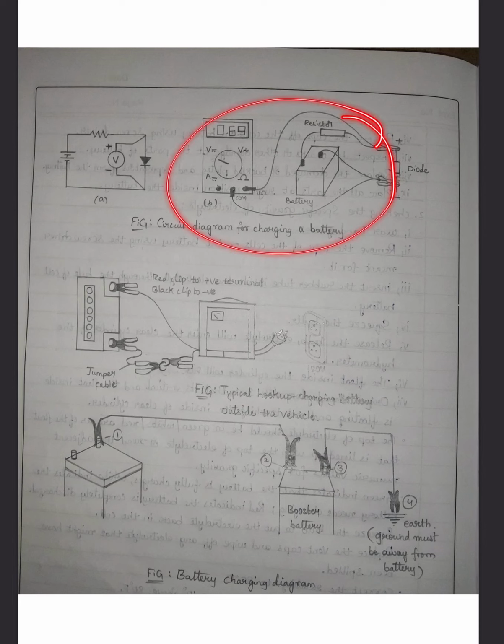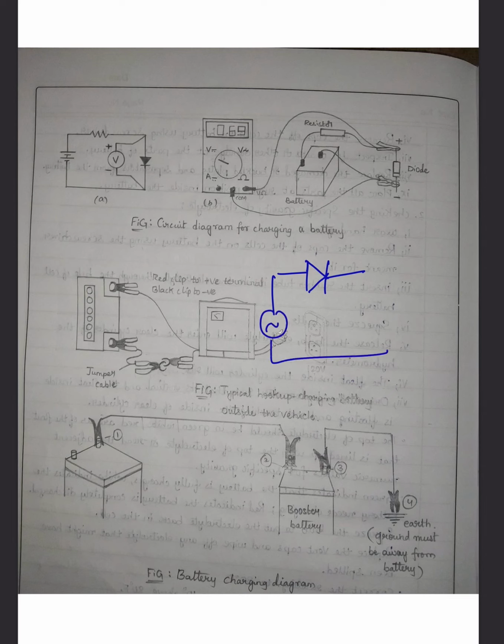This is the simple diagram for the charging of a battery. What is it? See, it's a diode. Diode means what? Already you know that in the substation you have an AC source. So this is the battery.